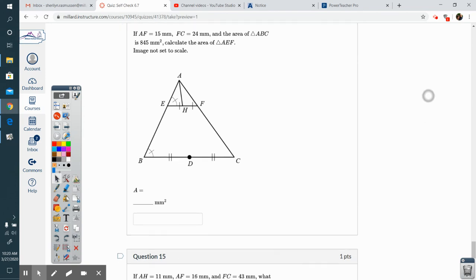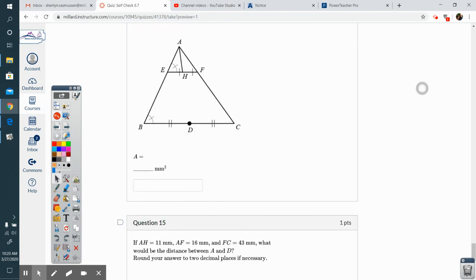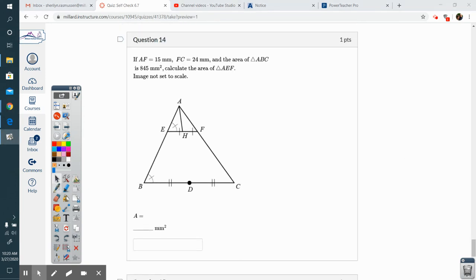Okay, let's fill in this one. Let's see. It looks like the two here in the end are similar. AF is 15, FC 24, and the area of ABC, the big area, is 845.